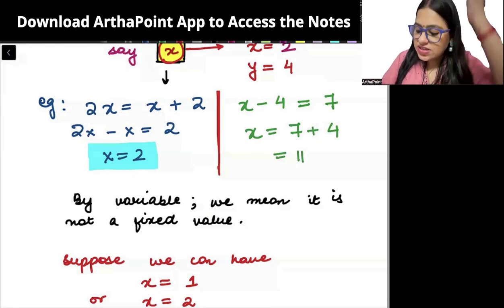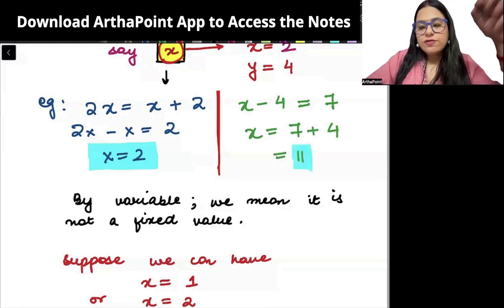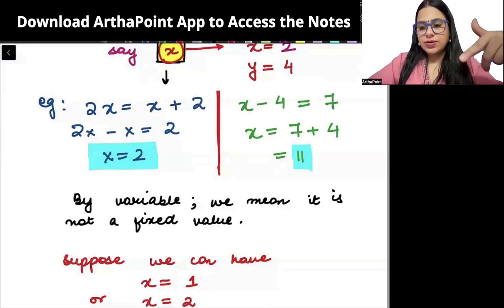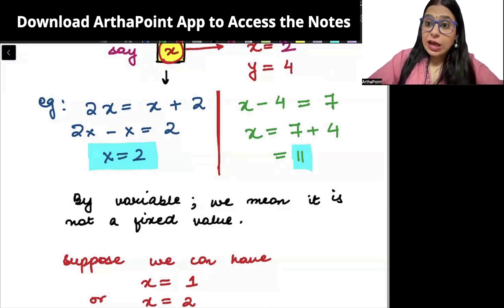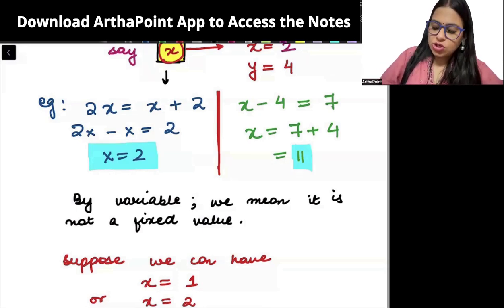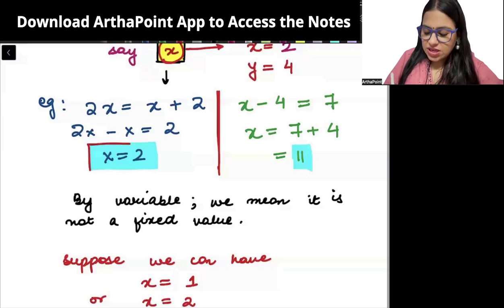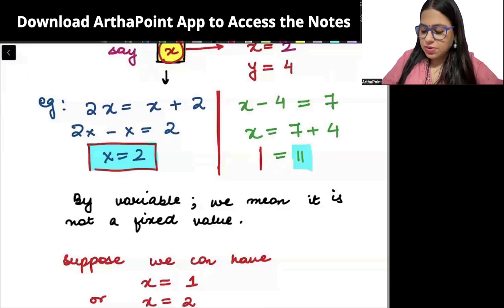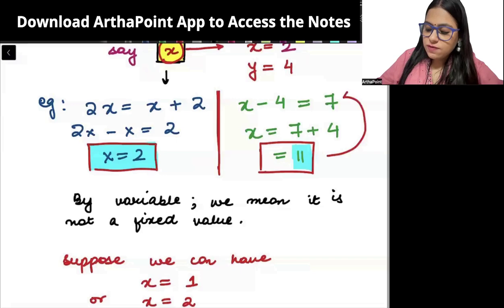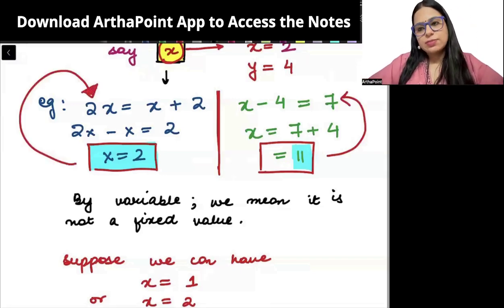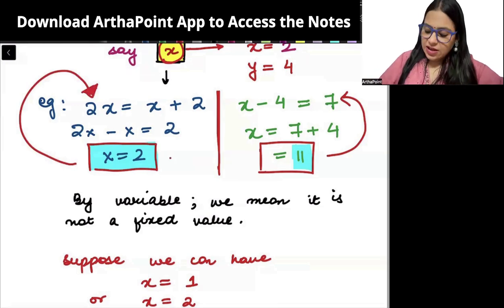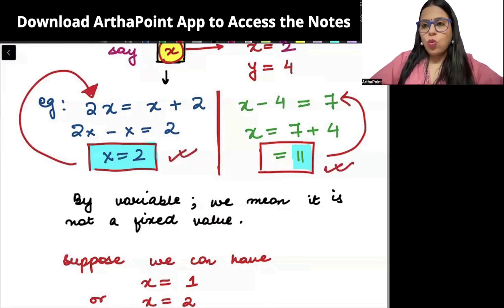So try to understand that the value of x keeps changing. And therefore, क्योंकि उसका value change हो रहा है, we will say that x is a variable. It depends on which equation you are solving. कौन सा equation आप solve कर रहे हो, x का value accordingly ही होगा.